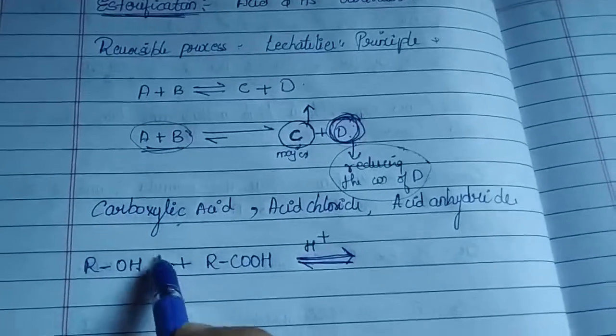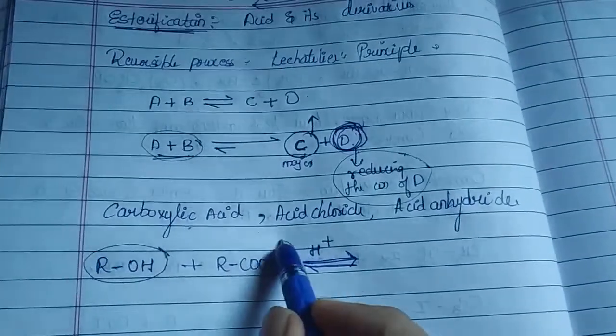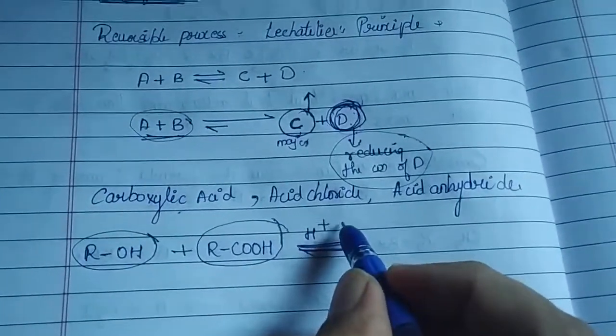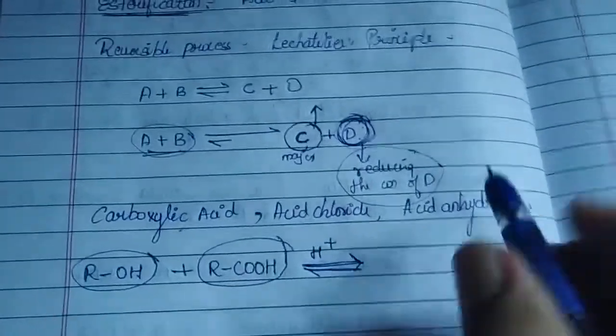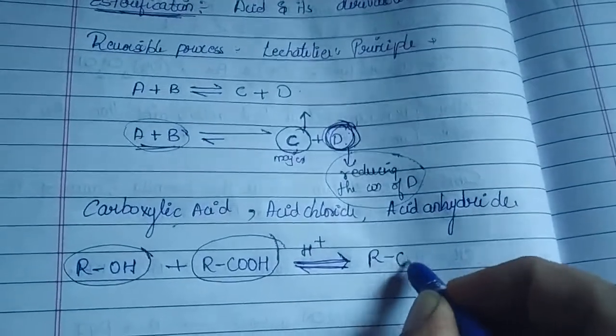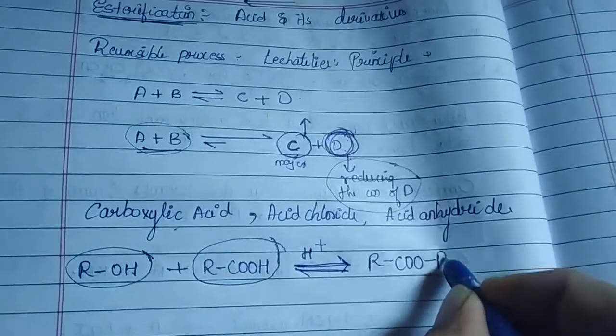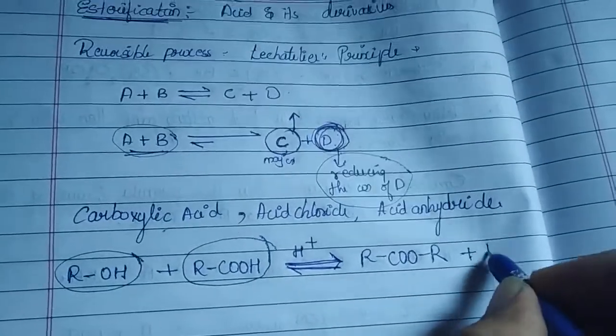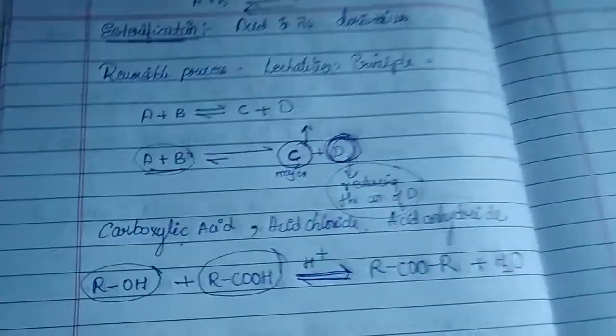So whenever alcohol is treated with a carboxylic acid in the presence of concentrated sulfuric acid, we will be getting an ester. But along with that ester, I am getting a byproduct, water.